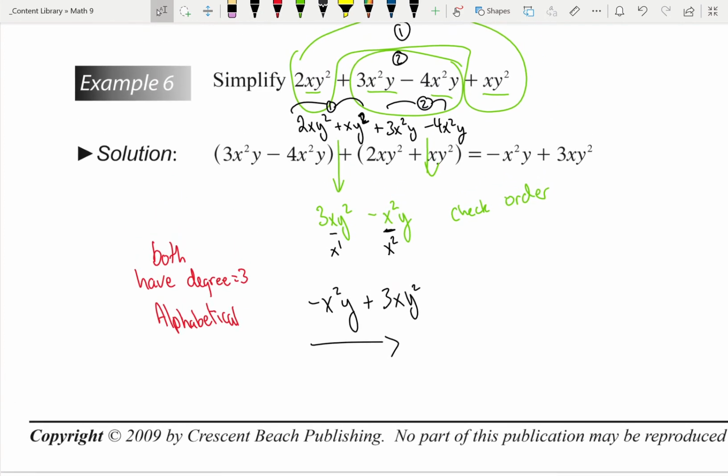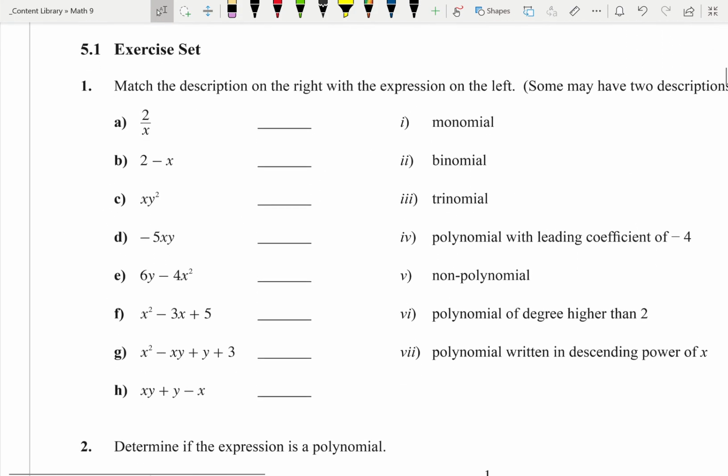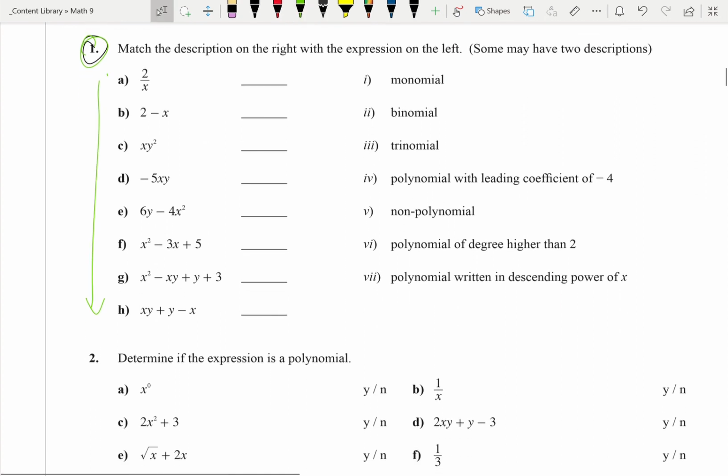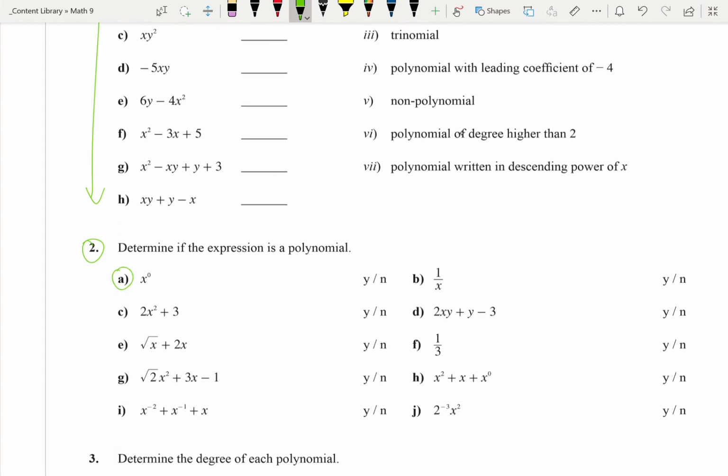We're just learning how to simplify and work with these sort of larger equations with multiple variables. So as practice, what I want you to try, 1 is really good. It's mild, so I'll circle it in green. And basically it's matching, so just try all of them. 2, determine whether or not it is a polynomial or not.